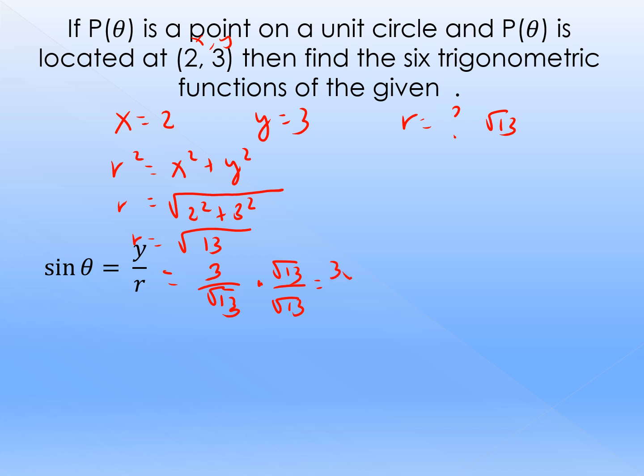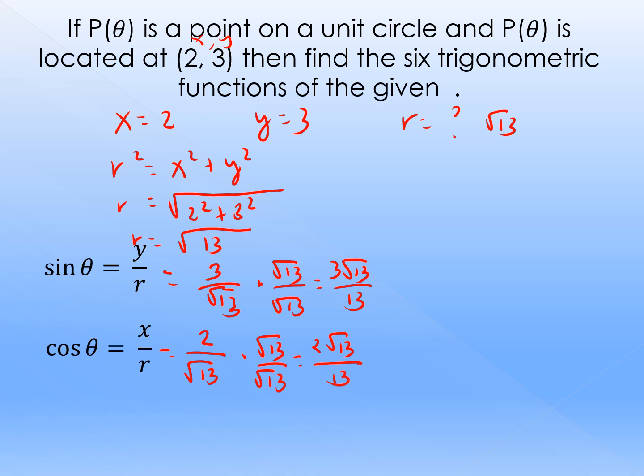Therefore, we have 3 square root of 13 over 13. For cosine, we have x over r. Substituting 2 for x and square root of 13 for r, and rationalizing by multiplying numerator and denominator by square root of 13, we have 2 square root of 13 over 13.